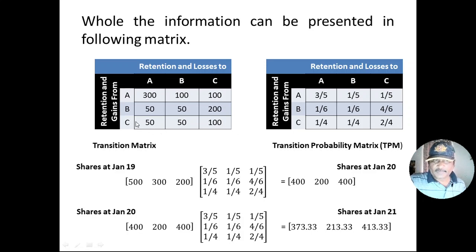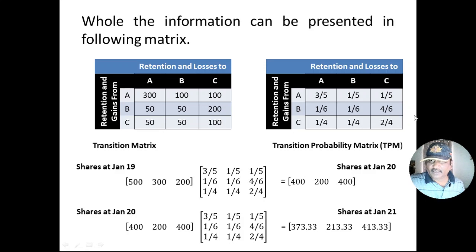Again, probability that the customers of C will be switching to B is 50 by 200 again, so therefore it is 1 by 4. And probability that the customers of C will be switching to C, means retaining with C, that is 100 by 200, that means 1 by 2, that means 2 by 4.